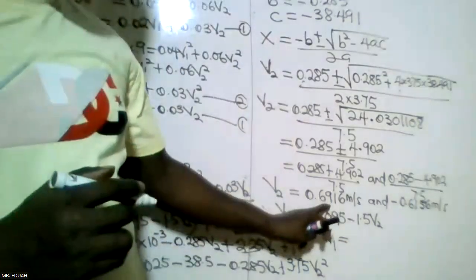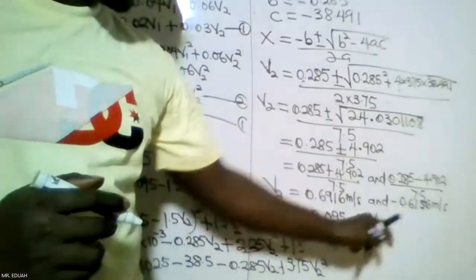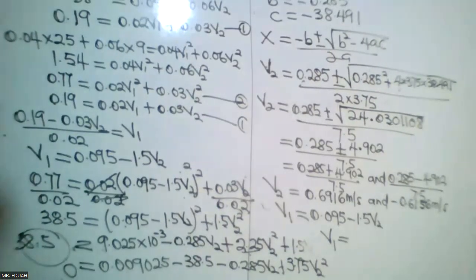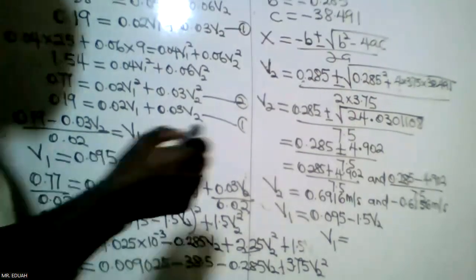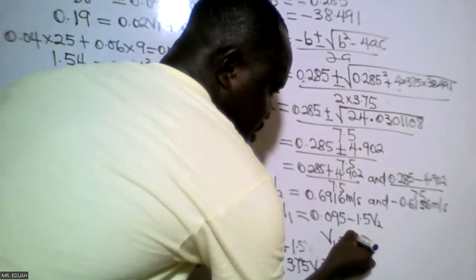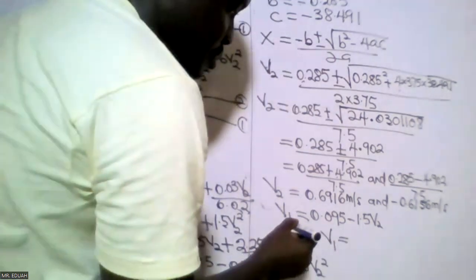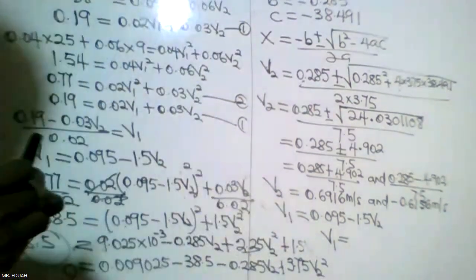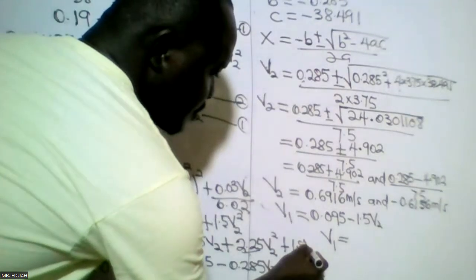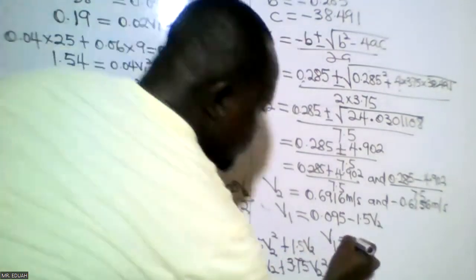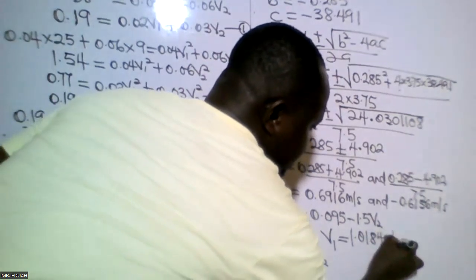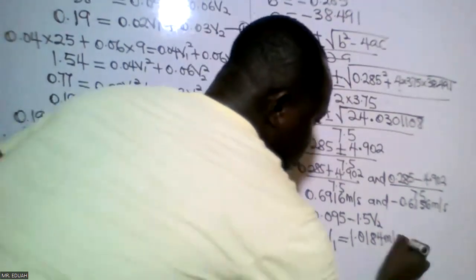So which one did you use, the first V2 or the second one? The second one, the negative value. Okay, so he said what? What's the value? 1.0184 meters per second.